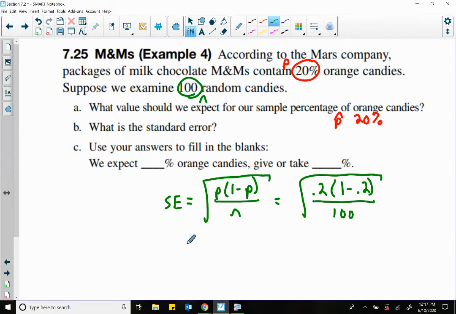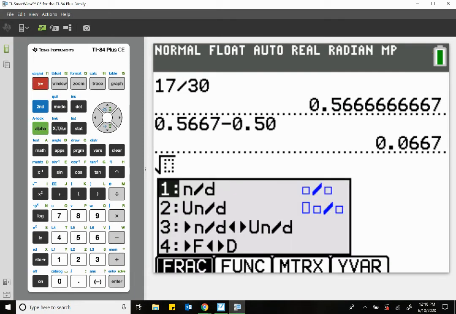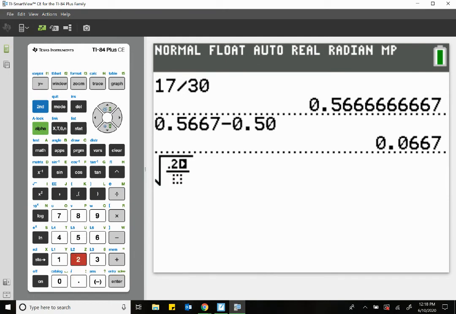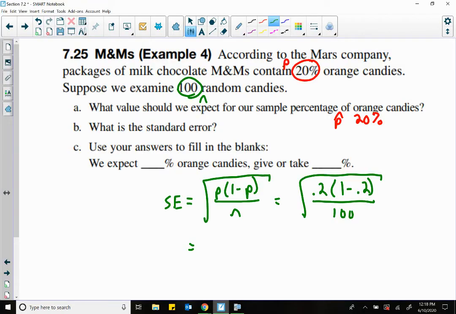And we're going to let the calculator do the work for us. And they want you to round to 3 decimal places. So if we go to our calculator, second x squared, alpha y equals, to put in our fraction, 0.2, parenthesis, 1 minus 0.2, scroll down to the bottom, 100. There we go. And we get 0.04. So not a lot of rounding that we had to do. 0.04. So that's the answer to part B.